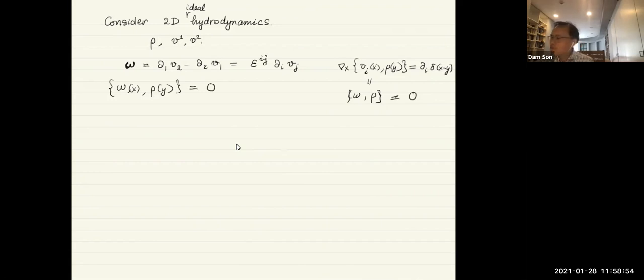In other words, it would be something like epsilon_ij d_i d_j of the delta function, which is 0. So the vorticity commutes with the density. That's actually universal. It's valid for all dimensions.